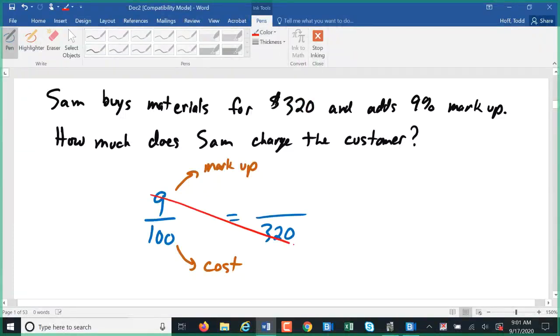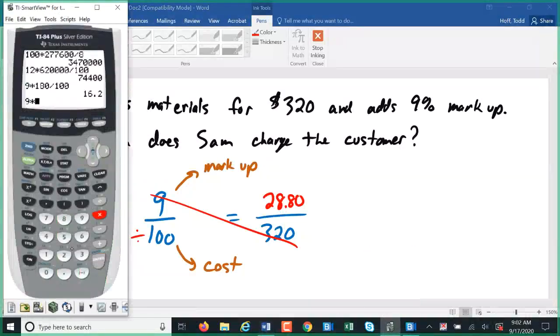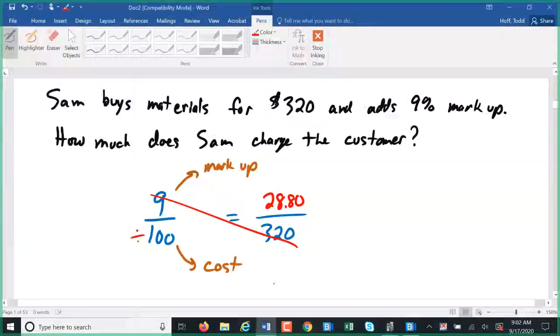We can cross multiply and divide. 9 times 320 divided by 100. Is that $28.80, I believe? Double check. It is $28.80. But remember that $28.80 represents the markup.